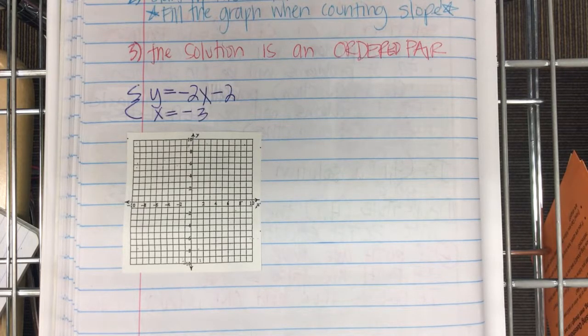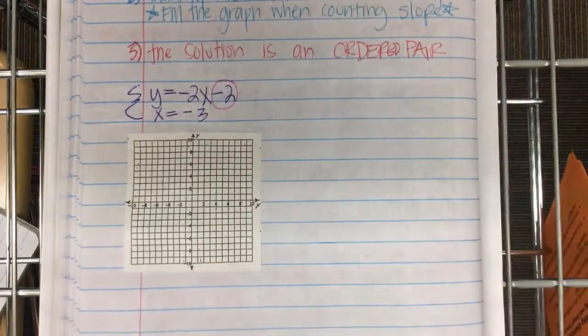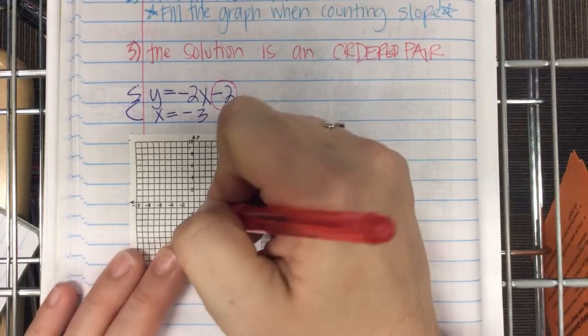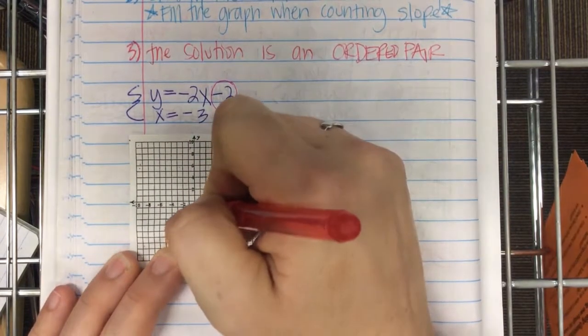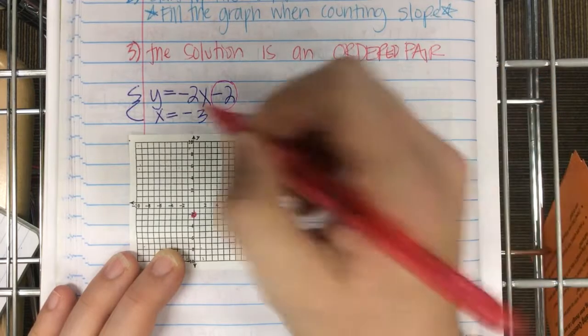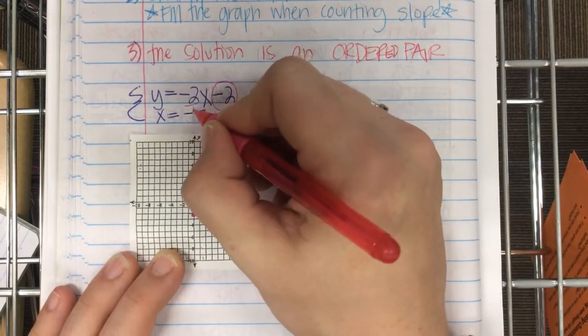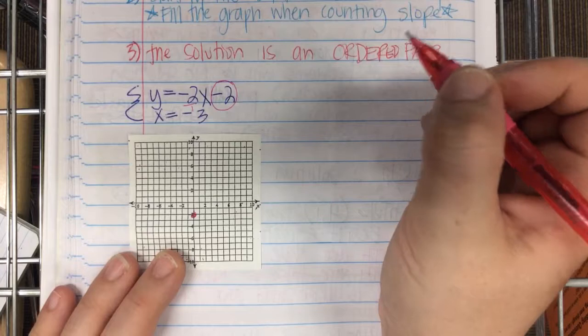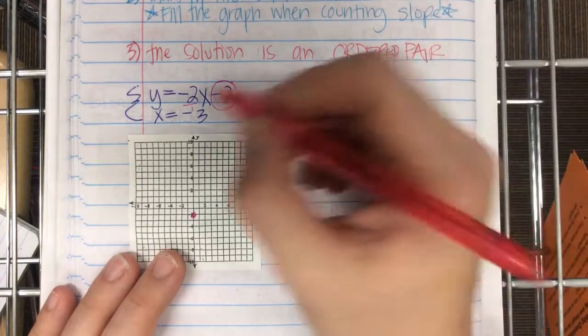If we start with graphing, we start with the first one. It starts at negative 2. And from there, my slope is negative 2 over 1. We still, I've noticed, have a little problem with this.